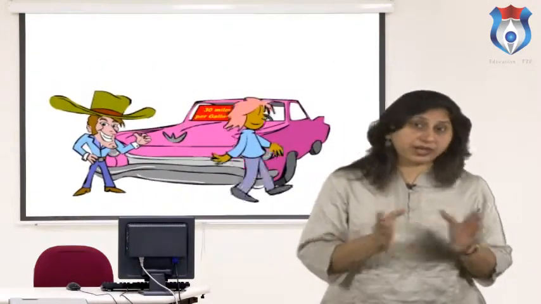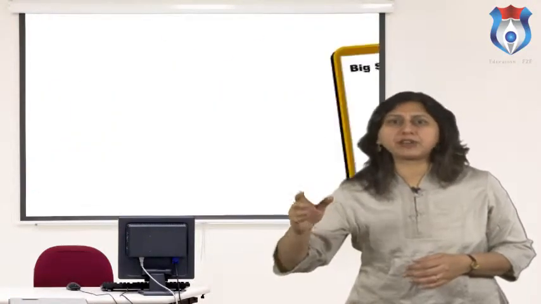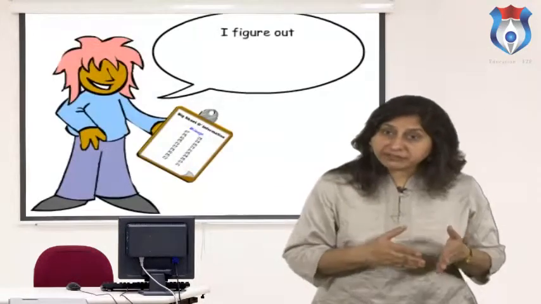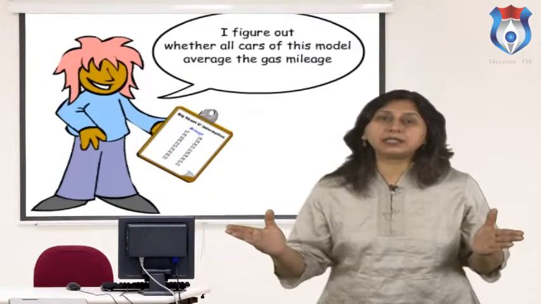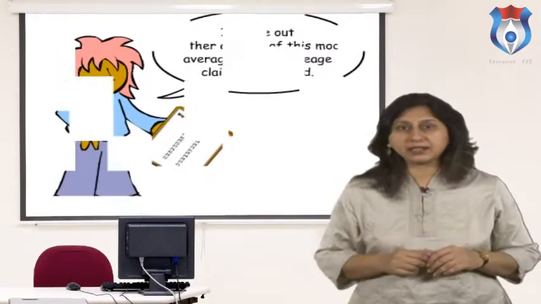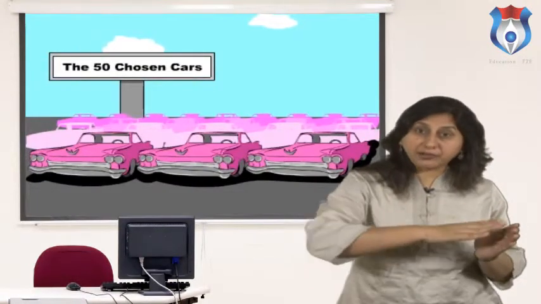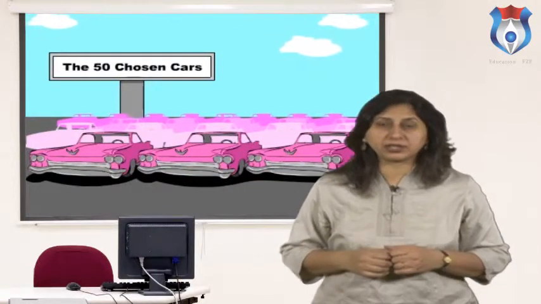But you might go to various showrooms that sell this model and randomly pick and drive only 50 of these cars. Then you can use this information to figure out whether all cars of this model average approximately the gas mileage claimed by the ad. We assume that the 50 cars we picked are representative of the hundreds of thousands of cars in the population.